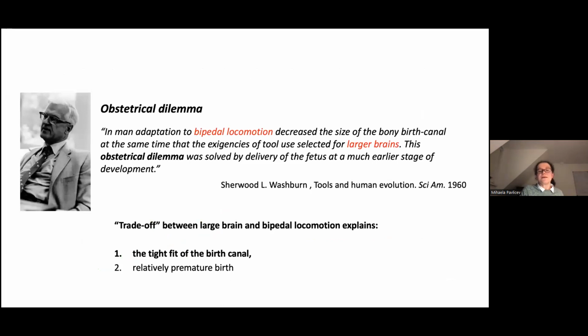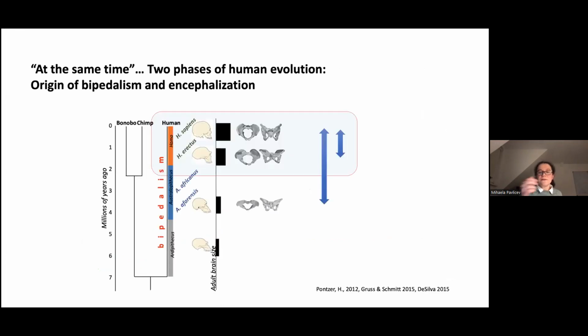All right. So let's now go into the tight fit of the birth canal and look at that. One thing that I'm sure Washburn didn't mean at that time, but it's good to keep in mind, is that evolving the upright, bipedal gait and the large brain did not happen at the same time. Bipedalism evolved much earlier than the large brain.